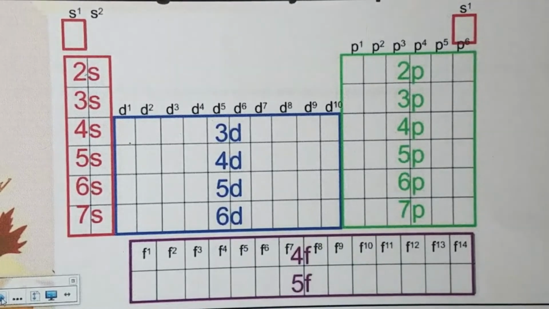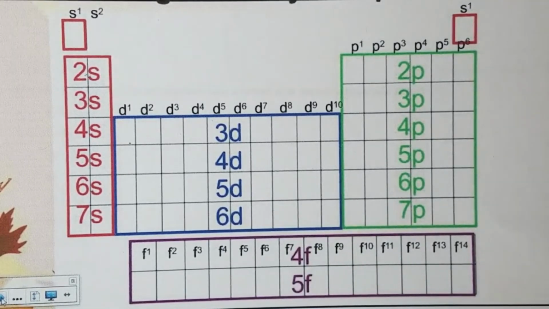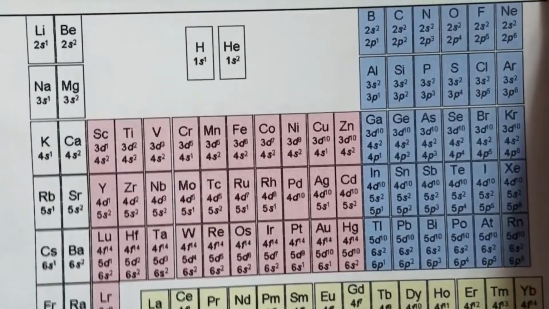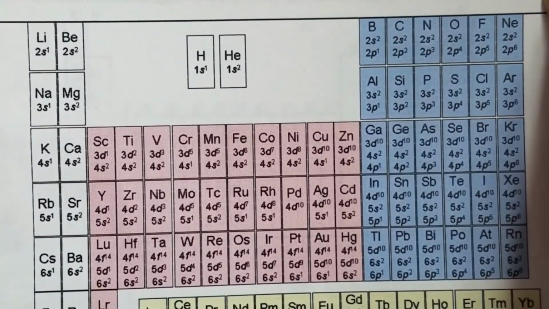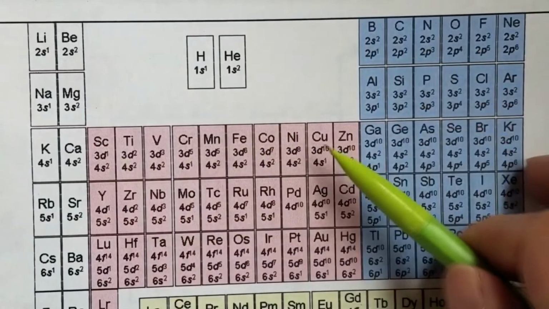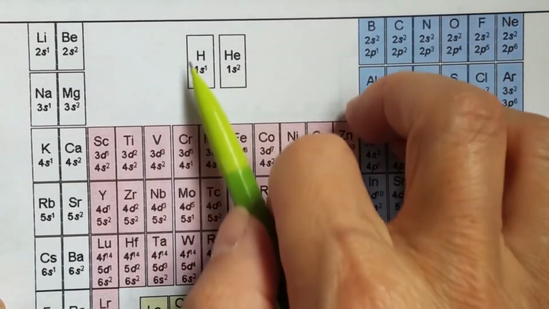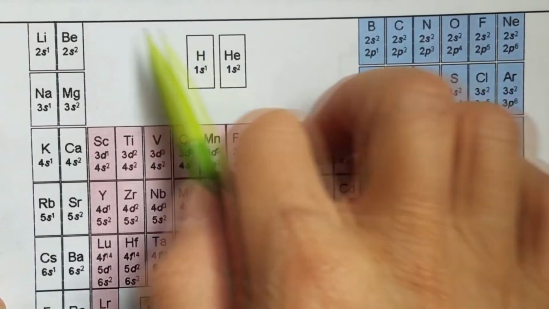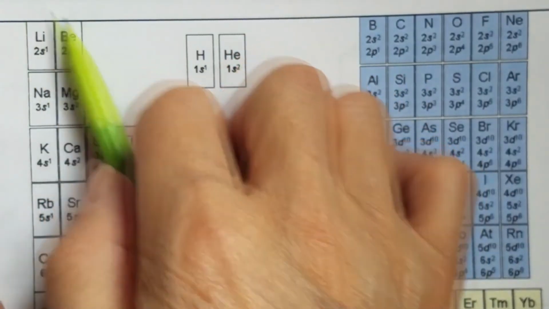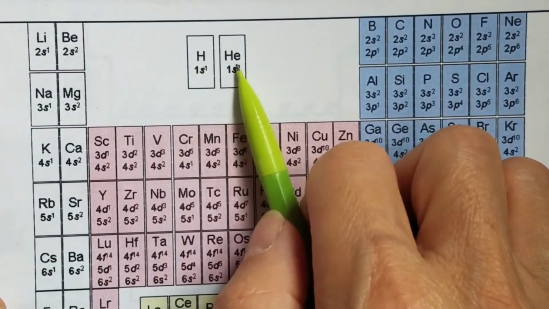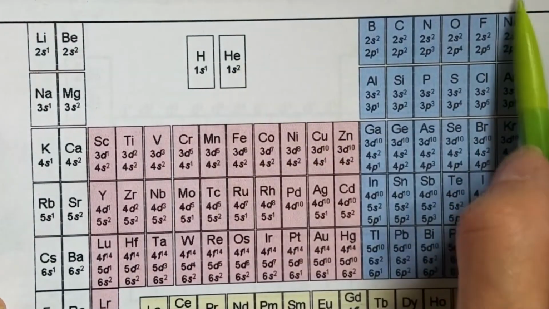Now if you look at this copy, it's arranged by electron configuration. If you have one electron, that will be 1s1, hydrogen, right here. If you have 2 electrons, that's helium, right here.